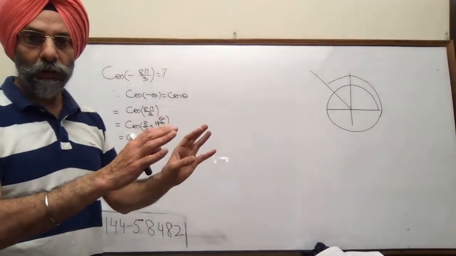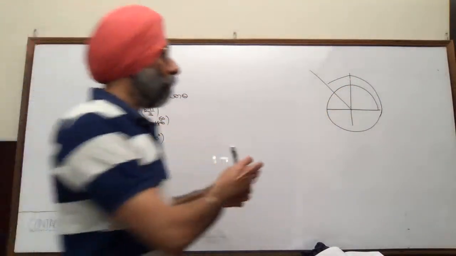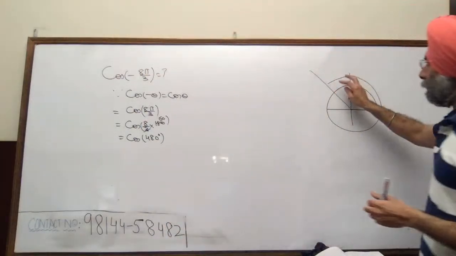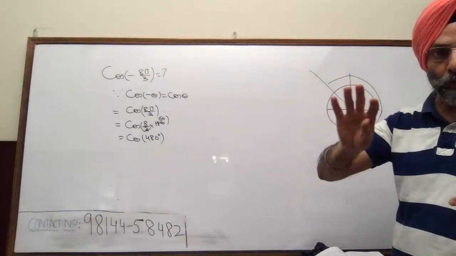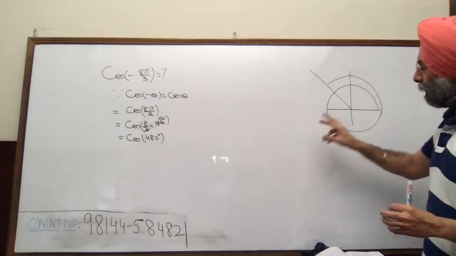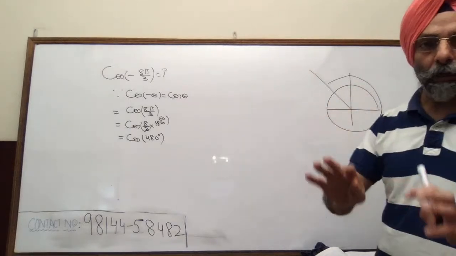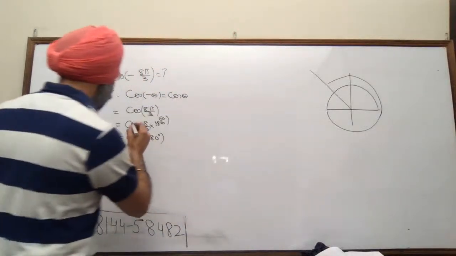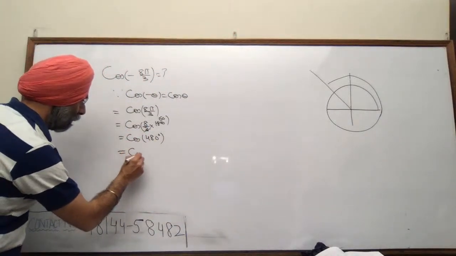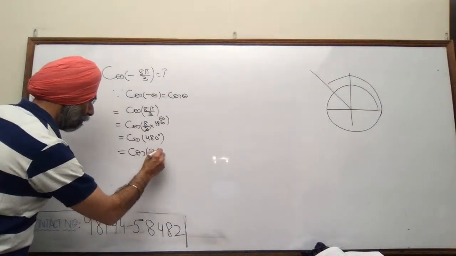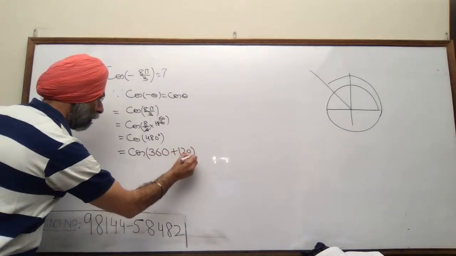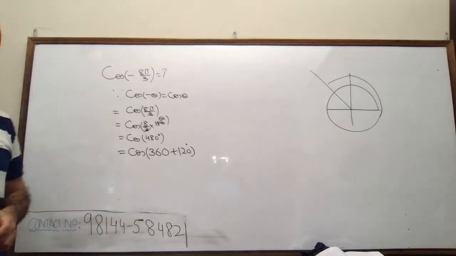Now it falls in the second quadrant. So I'm not interested whether it is falling in the first, second, third or fourth quadrant. I'm just saying that it has completed one complete rotation. So how we are going to tackle the questions in which it has completed one complete rotation? So 360 plus 120 degrees.